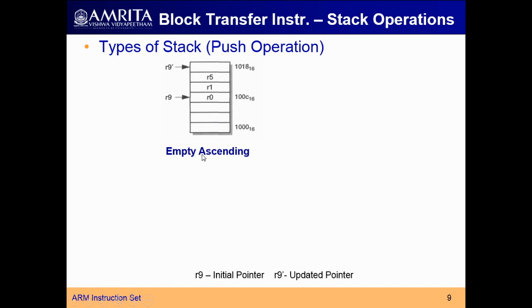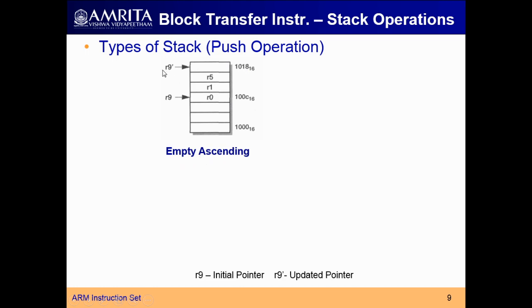So first of all, why is it known as ascending stack? Because you can see that whenever the address pointer is changing, the address location is getting incremented. So since the address location is getting incremented, it is known as ascending stack. And why is it empty ascending?